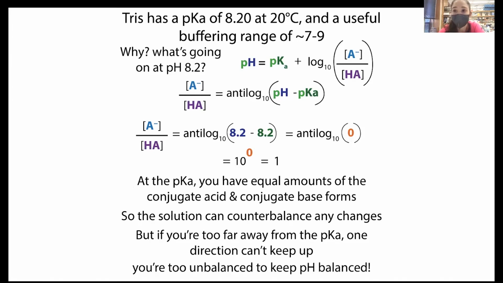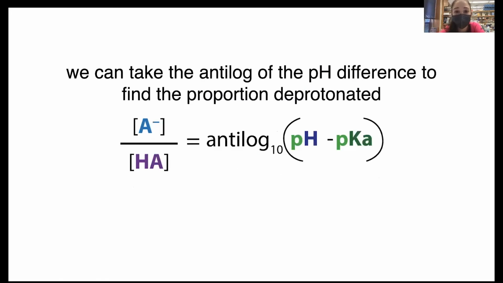So why a buffer has a useful buffering range is because at that pKa, they have an equal amount of the protonated and the deprotonated. So for a weak acid or base, we often refer to the acid form as HA, and because it has a proton and it loses its proton, it's A minus. That's the conjugate base.